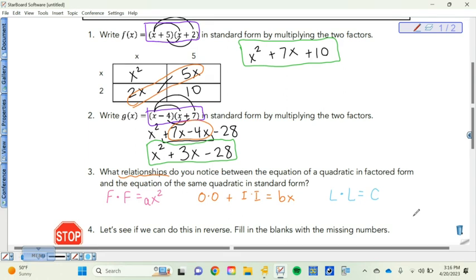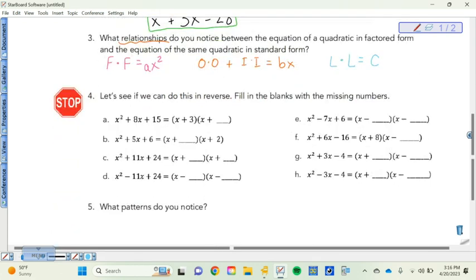So let's do number 4 together. We're going now backwards. We're starting with standard form and we're moving to factored form. Like Tian just told us, the last number times the last number has to end up at this constant number. For part A, they give us 3.